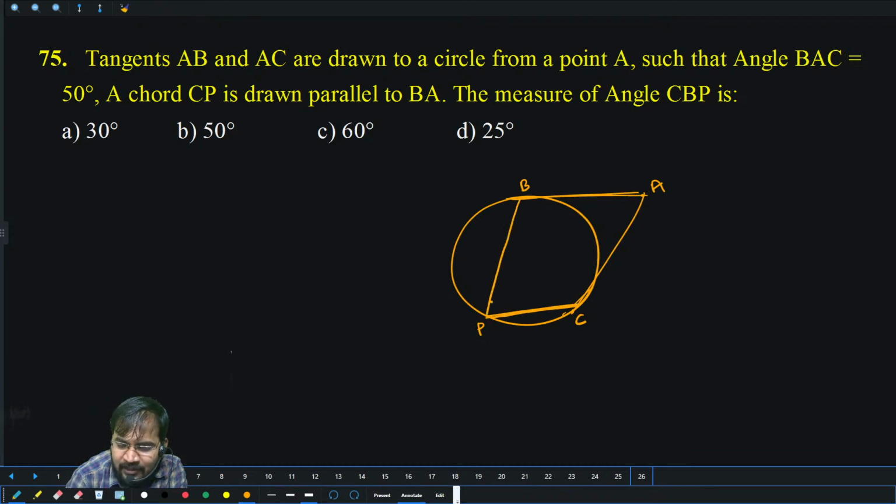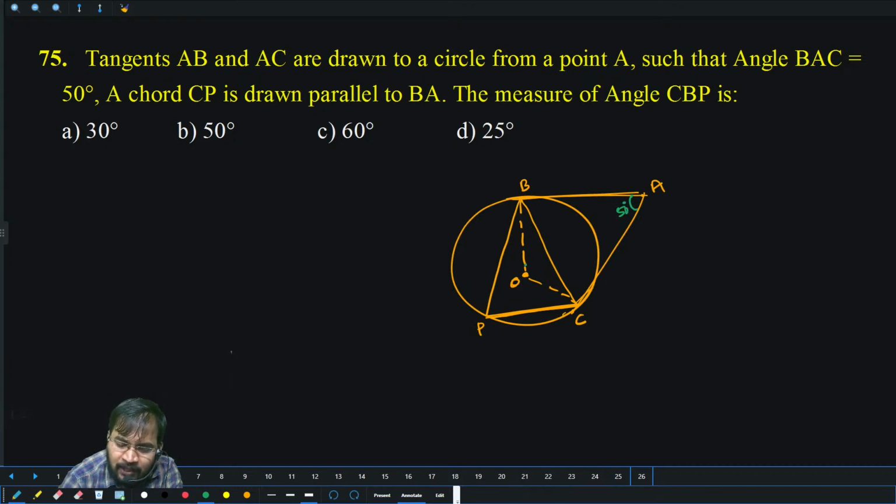Say for example this is the center, O. Now OABC is a cyclic quadrilateral. They are given BAC, which is 50.